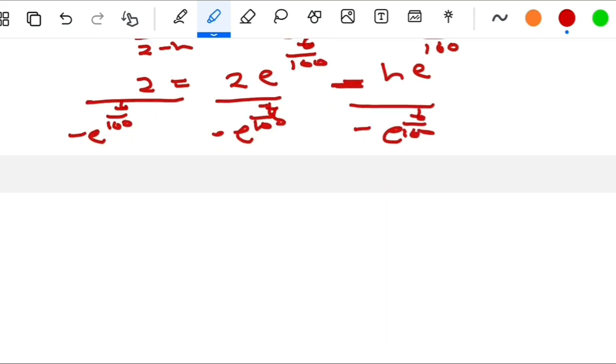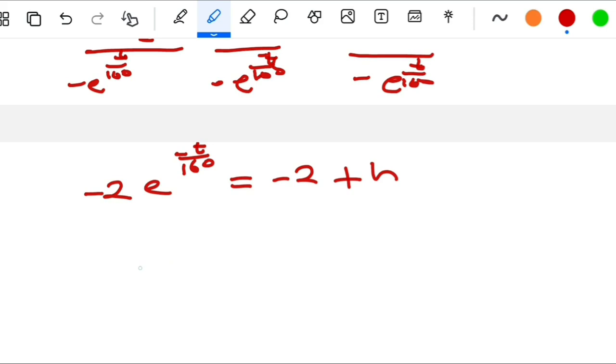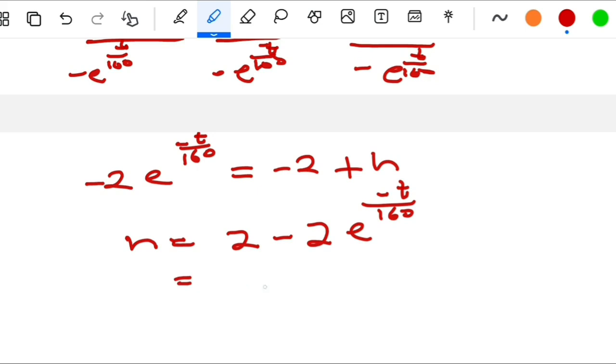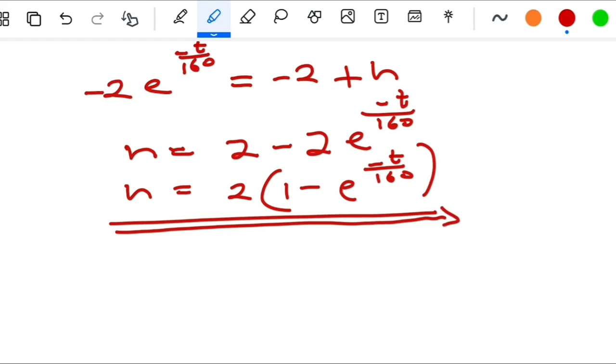After dividing like that, we get negative 2 e to the power negative t over 160 equals negative 2 plus h. Then we can rearrange and have h equals 2 minus 2e to the power negative t over 160. Then factoring out 2, we've got 2 times 1 minus e to the power negative t over 160. Okay, so this is our solution for that differential equation.